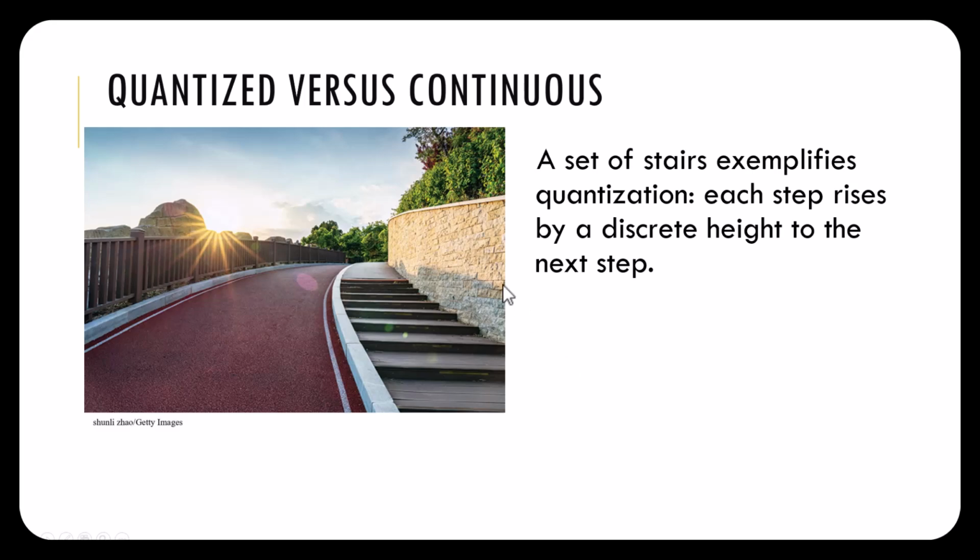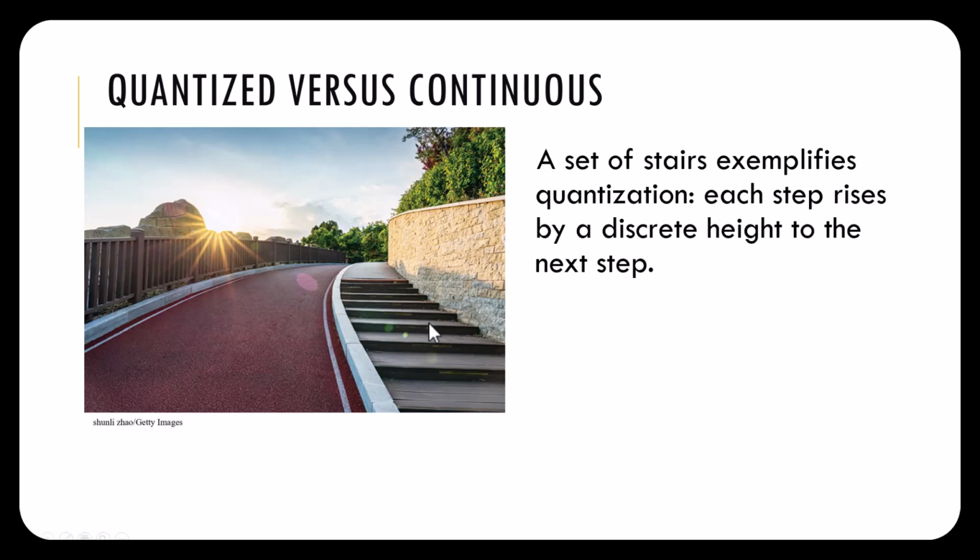The difference is this idea of quantized versus continuous. Here we see a ramp gradually going up, and a set of stairs going up. The ramp is our analogy for continuous. This is what we thought light behaved like, a continuous, smooth wave going out.